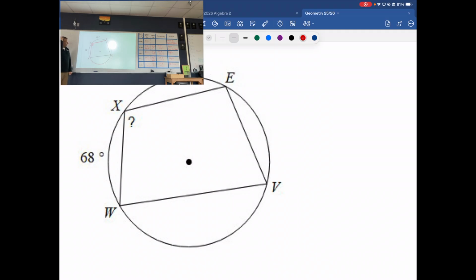If I can figure out what all of that is, then I can figure out what this is. Any ideas? What's that?